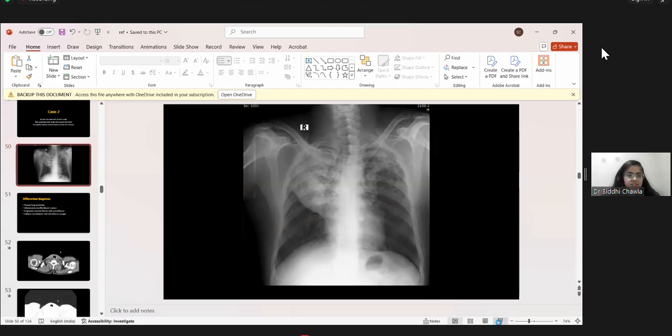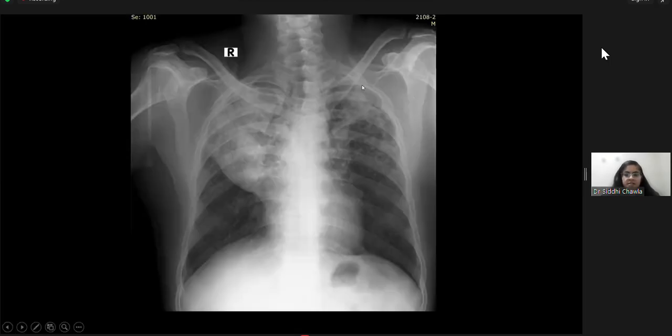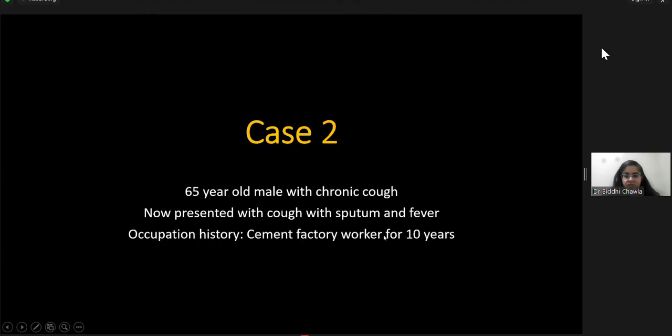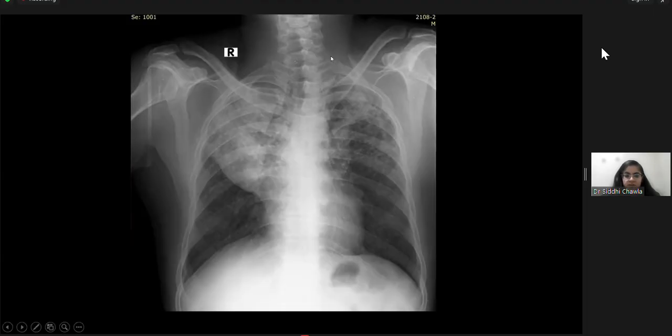This was an elderly patient, 65 years old, and we had some reticular nodular opacities in the left upper zone, and this soft tissue density which we again see in the right upper zone and mid zone, with some pulling of the mediastinum towards the right side. We were suspecting whether it was tuberculosis, silicosis, or whether this patient had a history of being a cement factory worker.